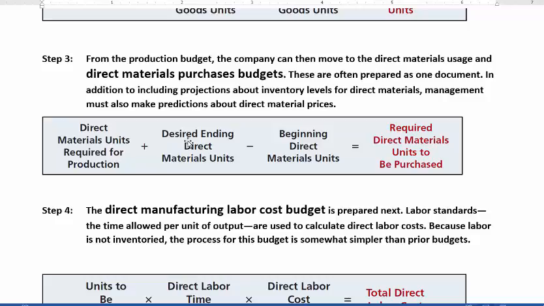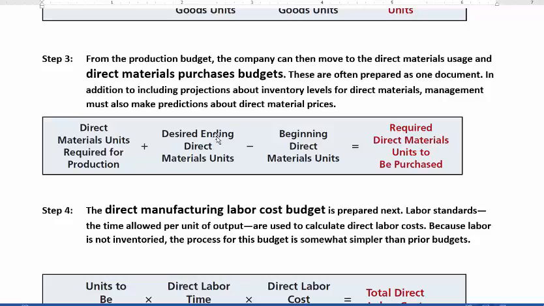Those are their direct materials units, and they're going to have a target number. They do not want to run out of those, just like the finished goods where they wouldn't want to run out of cars on the lot available for customers.